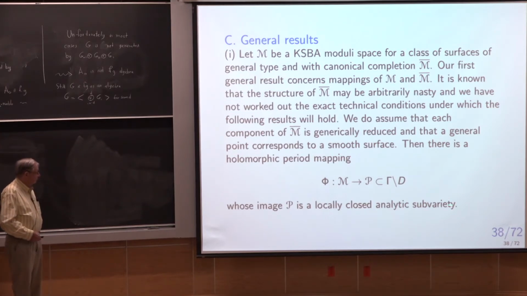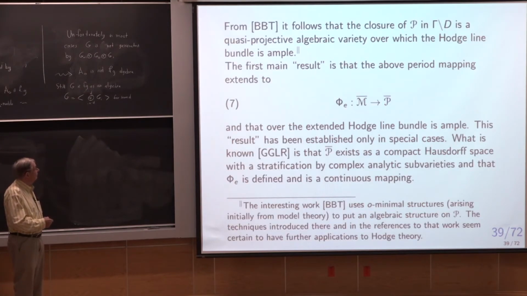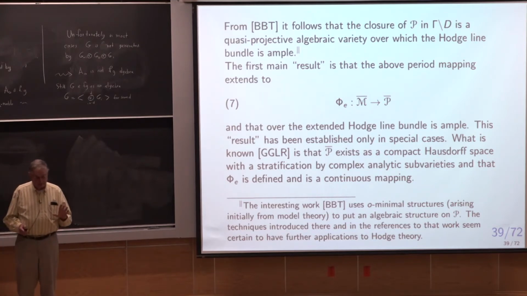So it was known that this is a locally closed analytic variety, and it was just recently proved by Bakker, Brunebarbe, and Tsimerman that it has an algebraic structure. It's a very interesting argument. It uses model theory from logic, and they have what are called o-minimal structures, which allow them to prove, in this case, that this Hodge-theoretically defined analytic object has an algebraic structure.